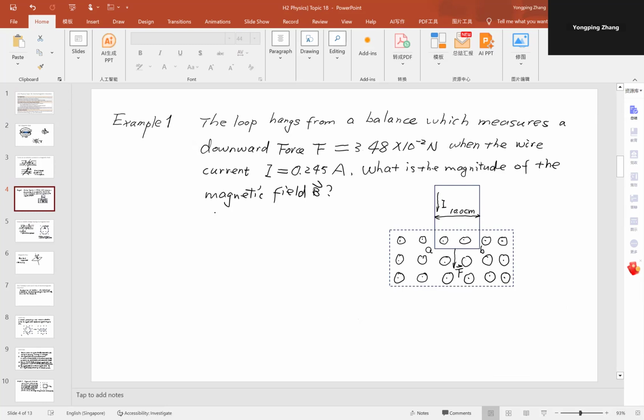From here, because the force equals BLI, so B equals F divided by LI.